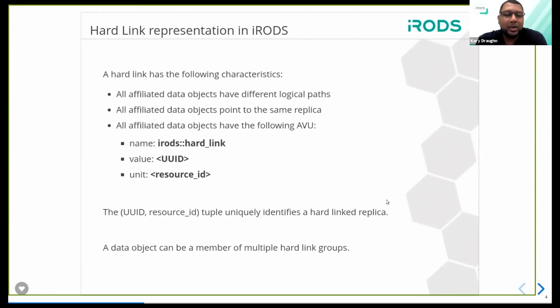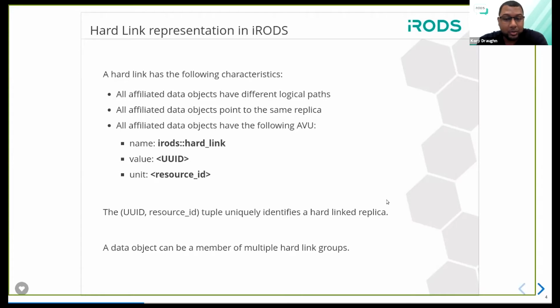So how did we go about representing this in iRODS? Based on the Linux environment, we wanted to try and maintain a lot of those same characteristics, and the way we went about doing that in iRODS is through this list here. All affiliated data objects will have different logical paths.